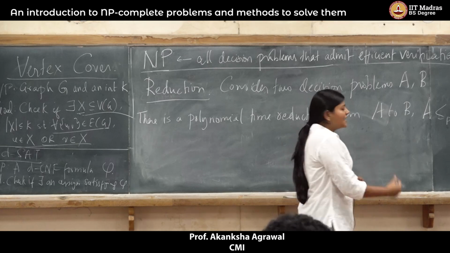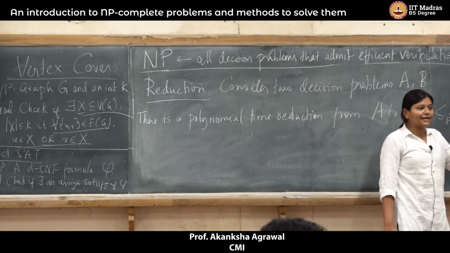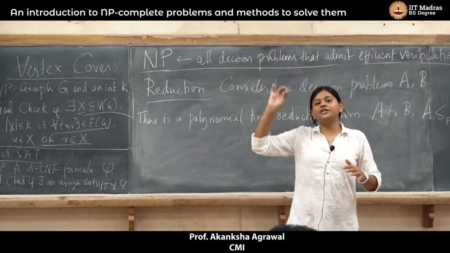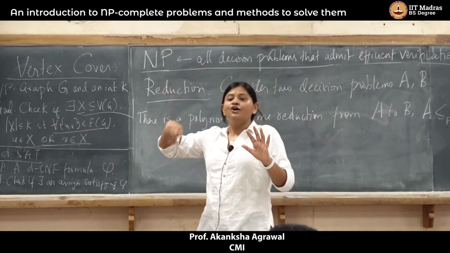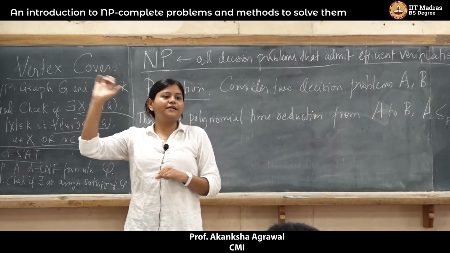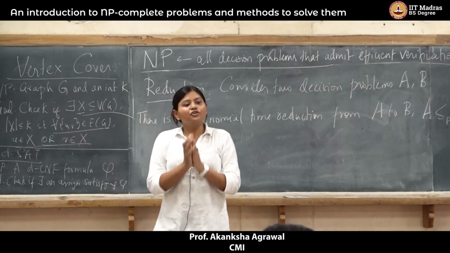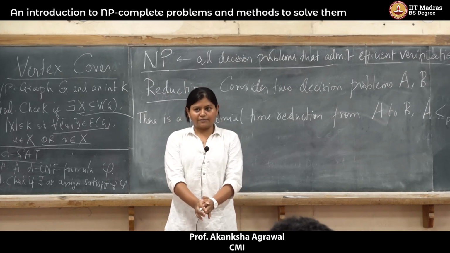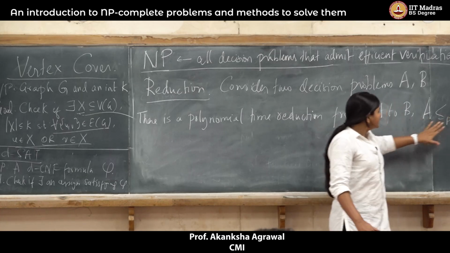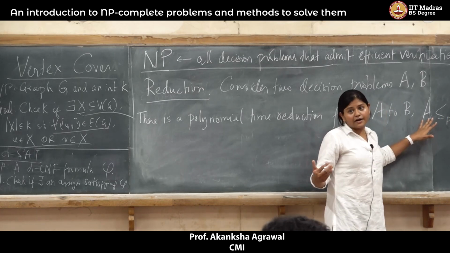We are saying that with respect to polynomial time algorithms, B is substantially harder than A, which means that if you manage to design a polynomial time algorithm for B, then you already have a polynomial time algorithm for A. So with respect to polynomial time solvability, B seems at least as hard as A.